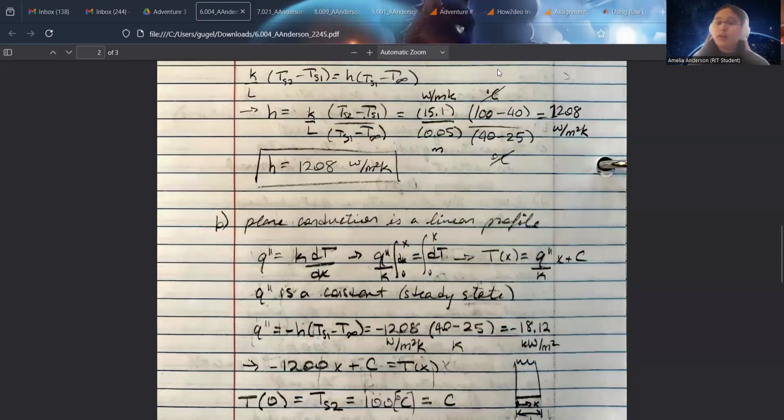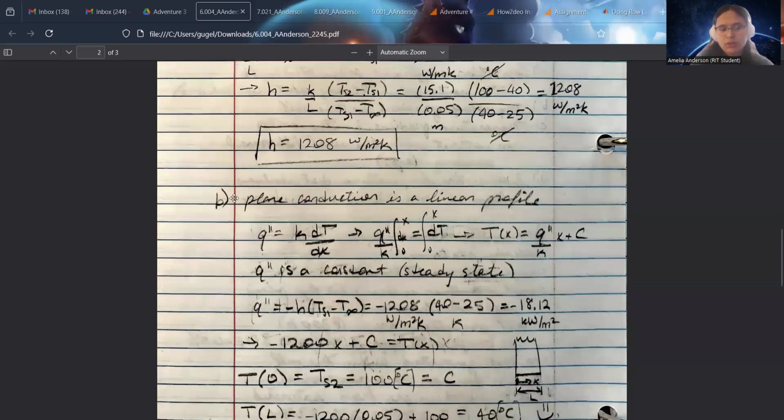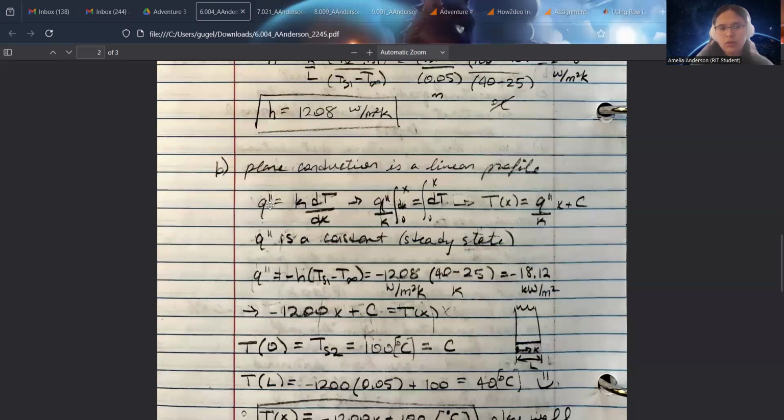So now we're going to try and find the temperature profile of the conduction. We know in general that plane conduction is a linear profile. What we can do is say Q double prime, which is our flux, is equal to k dT/dx. We do a little bit of integrating and move stuff around. We also know that the heat flux is constant because it's steady state.